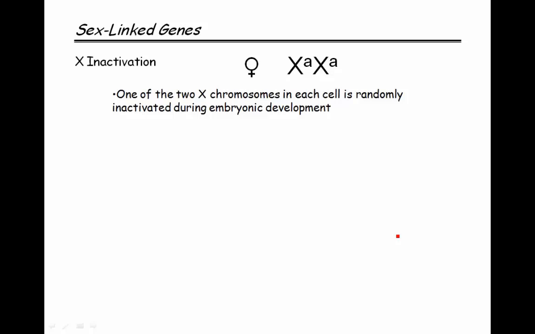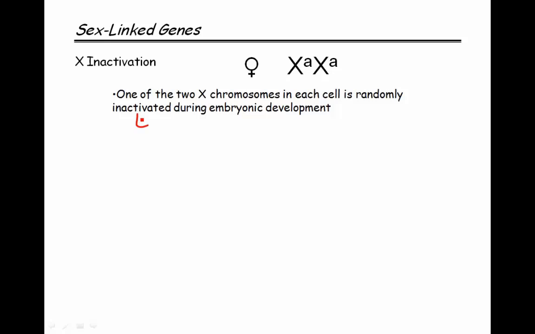So getting the female's working number of copies down to 1, just like the male's working number of copies. What this means is that of the 2 X's within a female cell, one of them will be randomly inactivated during embryonic development. Very early during development, it's going to be shut down.